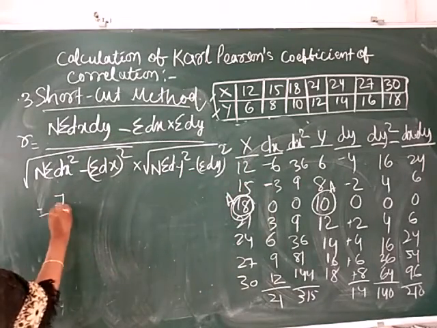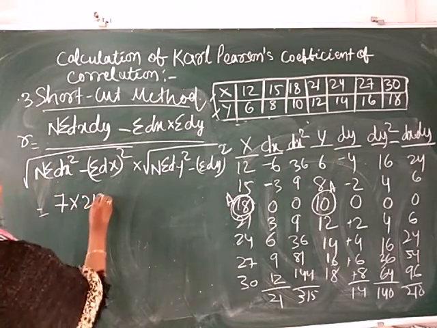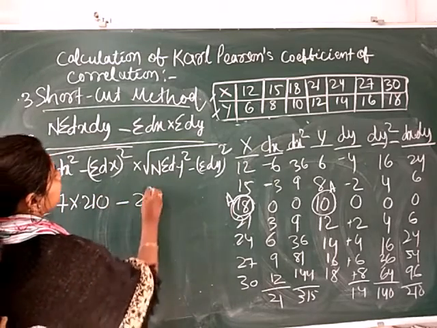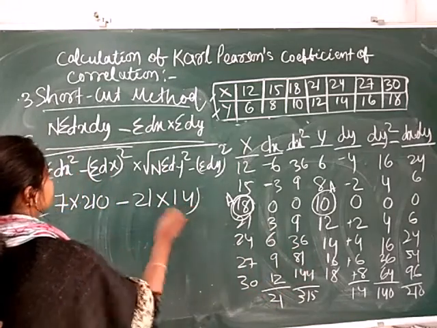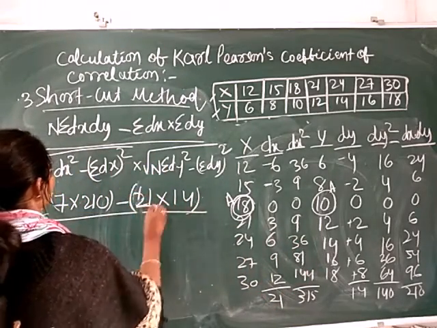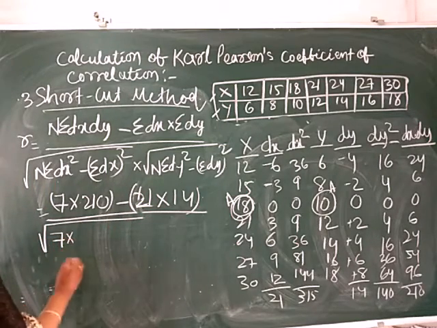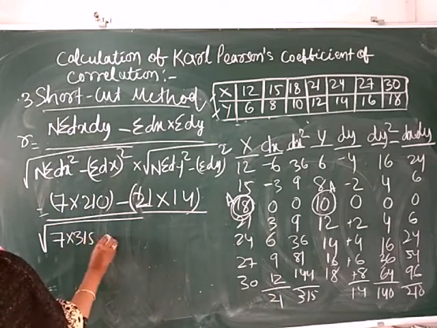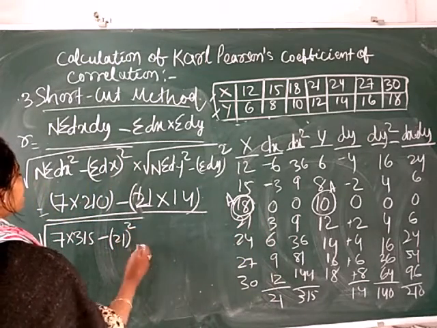N is 7 and summation of dx dy is 210, minus summation of dx, 21, into summation of dy, 14, all divided by square root of n, that is 7, into summation of dx square, 350, minus whole square of summation of dx, 21.